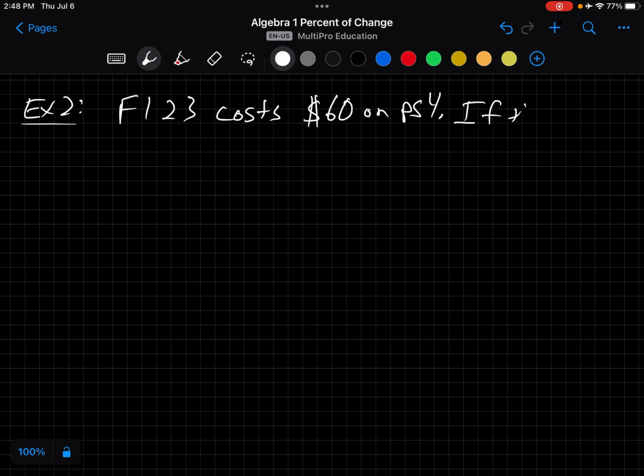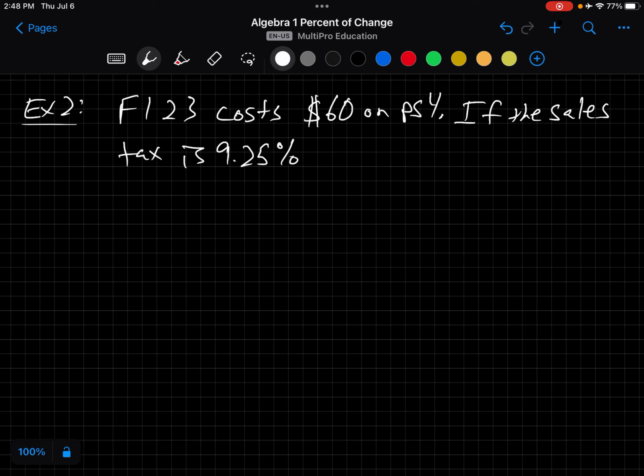If the sales tax is 9.25%, that's some high sales tax. What is the total cost? Good question. What is the total cost?